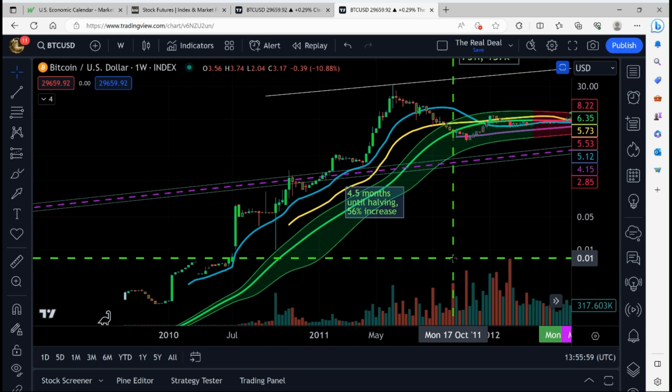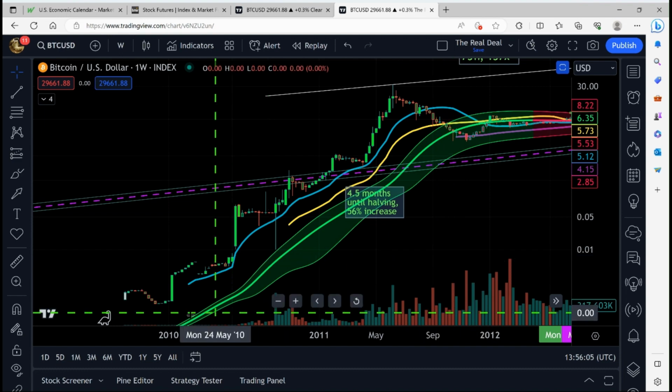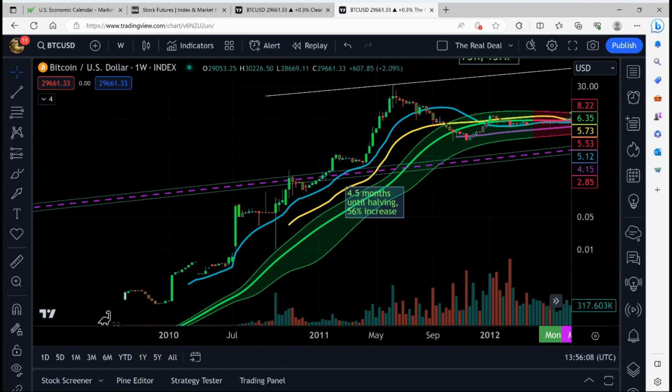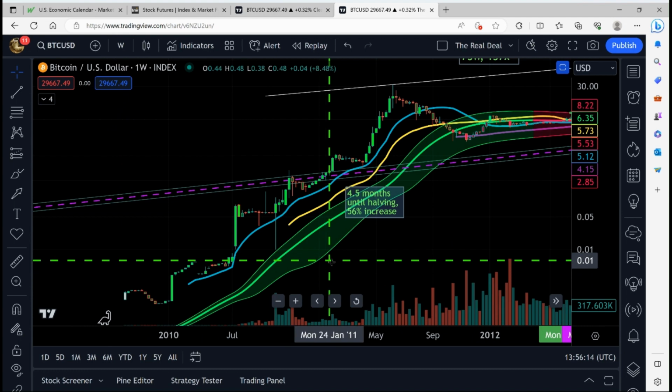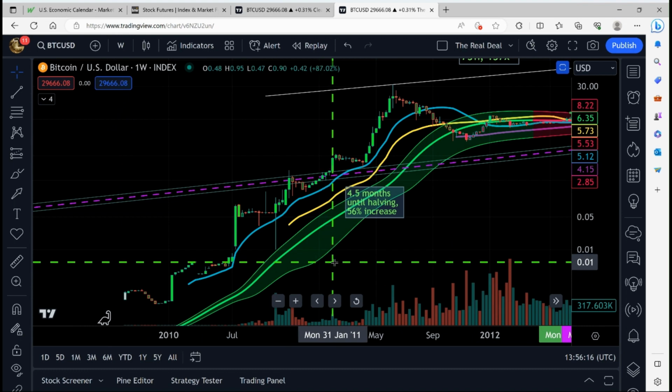We're looking at Bitcoin US dollar index on the weekly time frame here, back at the very, very beginning where this little dinosaur was. The indicators we have pulled up on the chart are the Gaussian channel and the moving average ribbon.